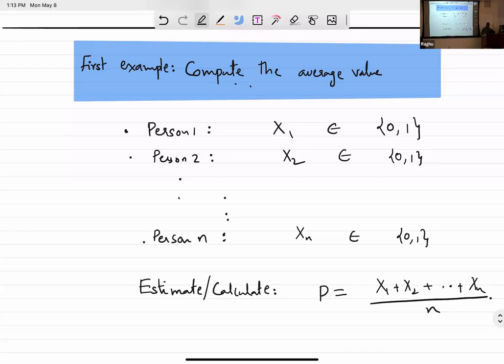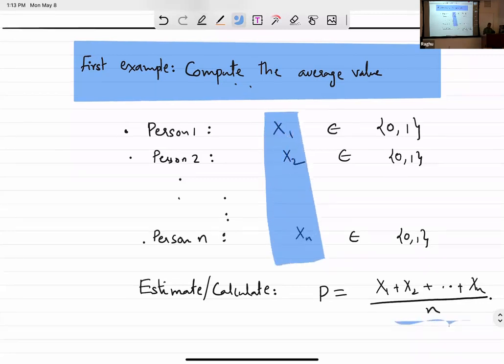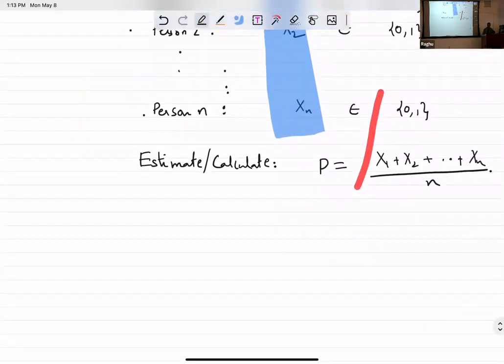And imagine you want to release this information somehow so that people can infer the average, but not learn too much about it. Again, since it's a toy example, we have to think accordingly, right?